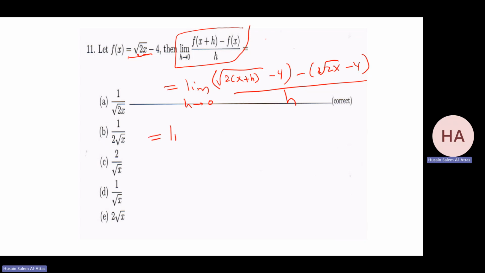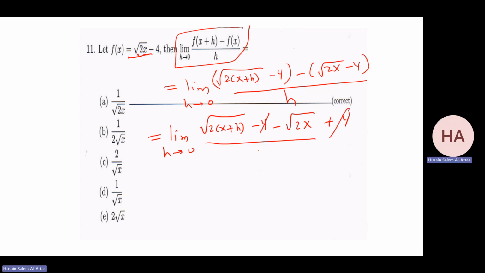So this is simplified: square root of 2x plus 2h minus 4 minus the square root of 2x minus 4. This is just a square root, nothing else there. All over h. So how to do this limit? I'm making it longer. Square root of 2x plus 2h minus square root of 2x, over h. I just rationalize it. You get the answer.